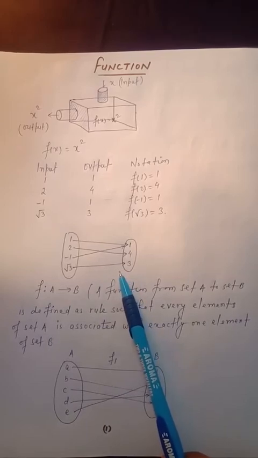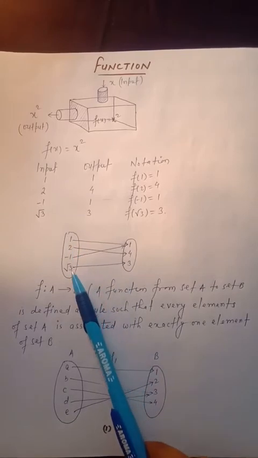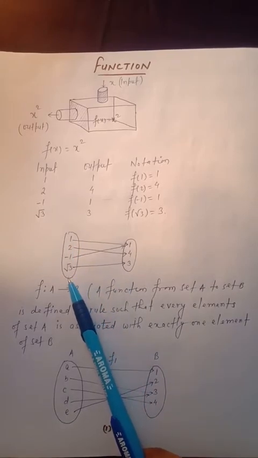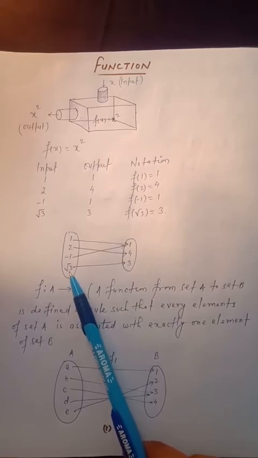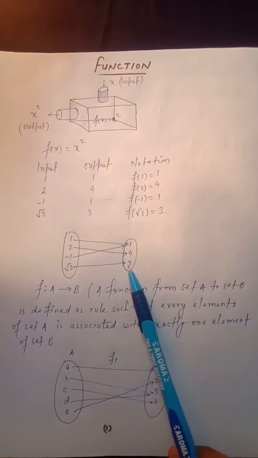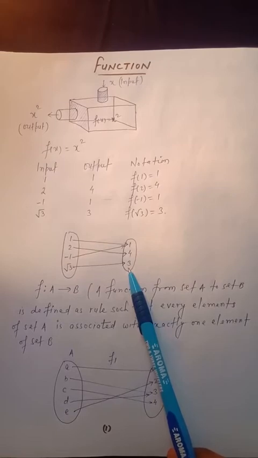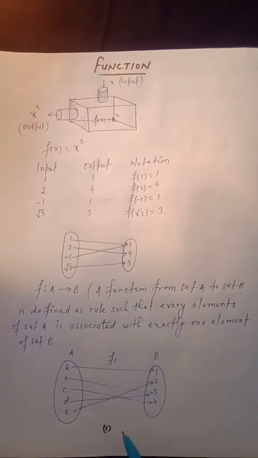This is the proper definition of function: no element must be left in set A. If a single element is left in set A, it is not a function, remember. And if an element of set A is associated with more than one element in set B, then also it is not a function.